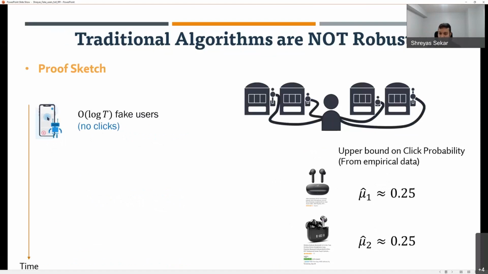I think the question that we are thinking of asking is, how do we design the behavior of fake users to know which products are good and which are bad? But in reality, I don't have to know that. All the fake users have to do, and mind you, I'm not designing the fake users. The fake users are likely to be hired by some outside entity. So all the fake users are going to do is try boosting the click probability of certain specific products.